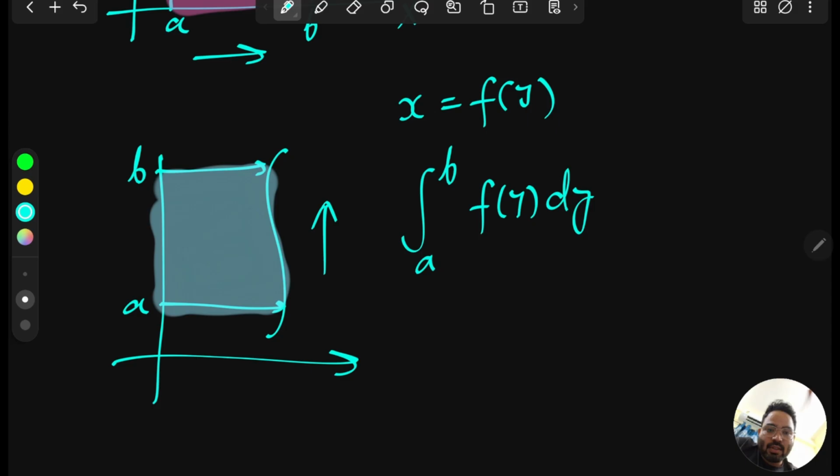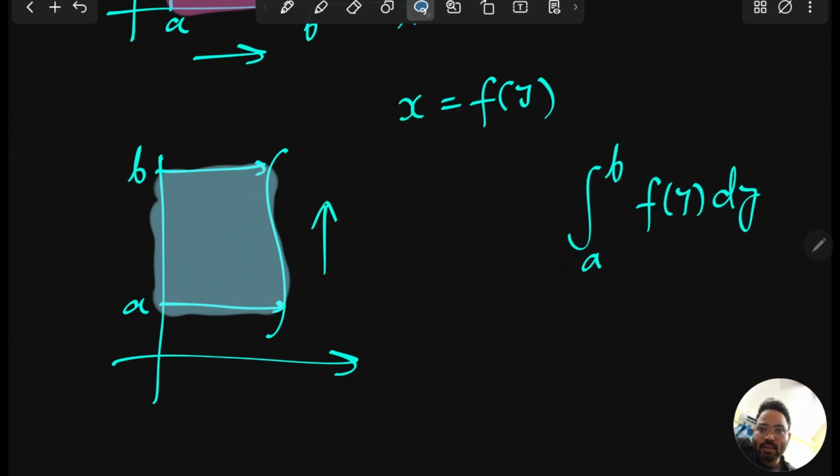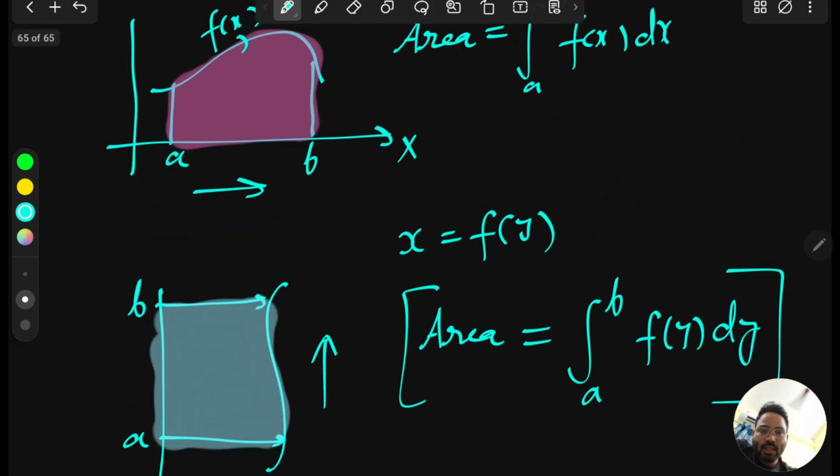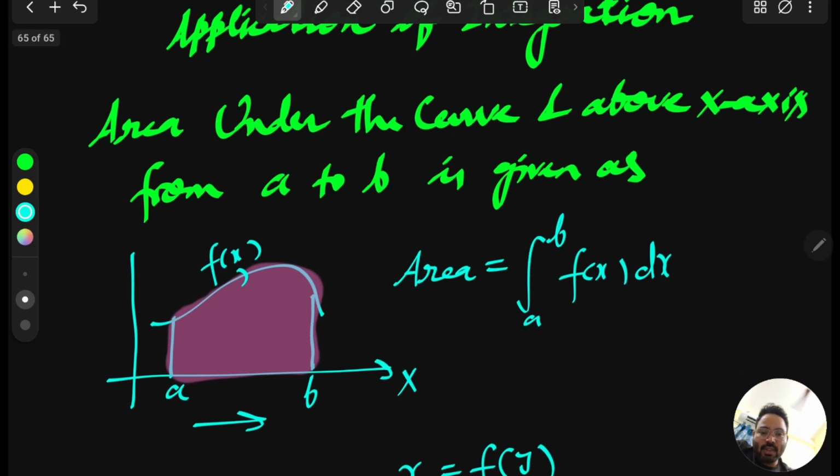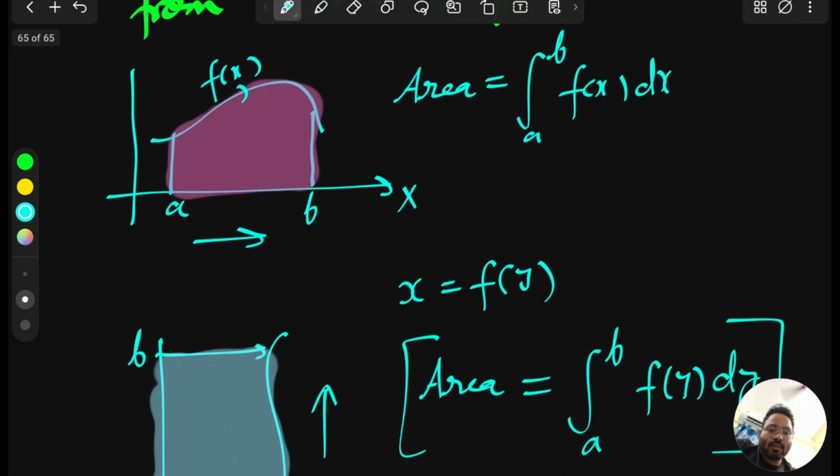So this is the formula for finding the area if our curve is moving along the y-axis, and if the curve is moving along the x-axis, then the area is the integral from a to b of f(x) dx.